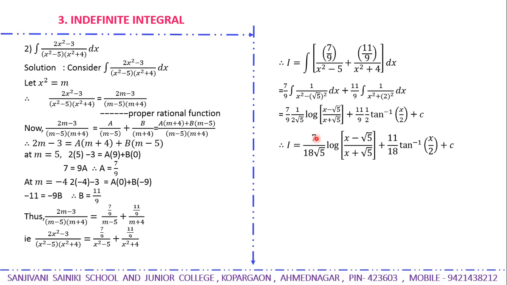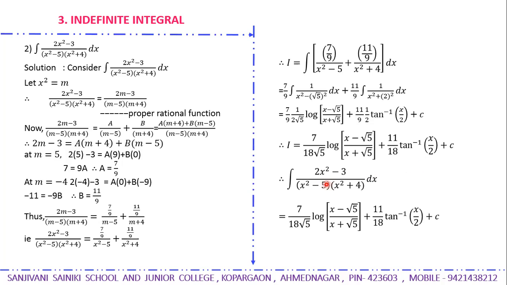Simplify it, you will get 7 upon 18 root 5 log of (x minus root 5) upon (x plus root 5) plus 11 upon 18 tan inverse of x by 2 plus c. So this is the integral of the given function.